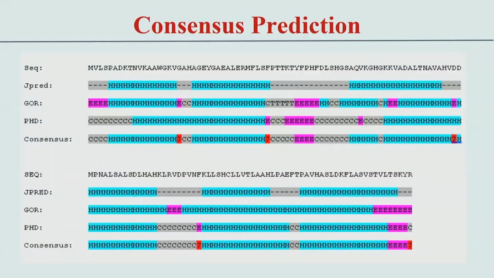So, how to do this? First you take any sequence, this is your input sequence, and they use different methods. For example, JPRED is based on what? Multiple sequence alignment. They also later used other information, for example machine learning, but initially it was mainly developed based on multiple sequence alignment.